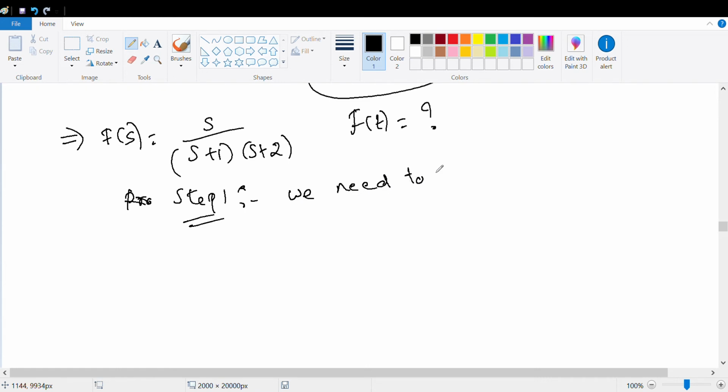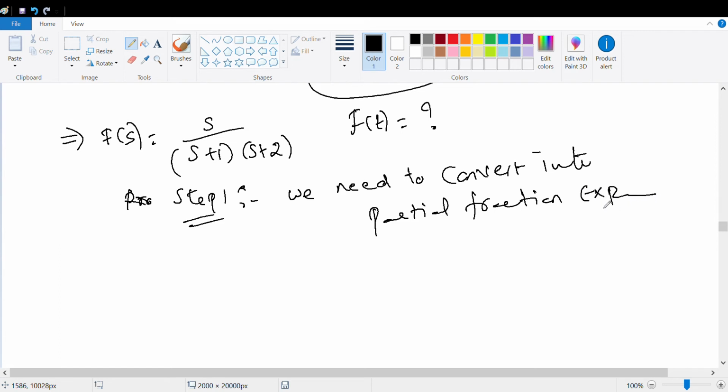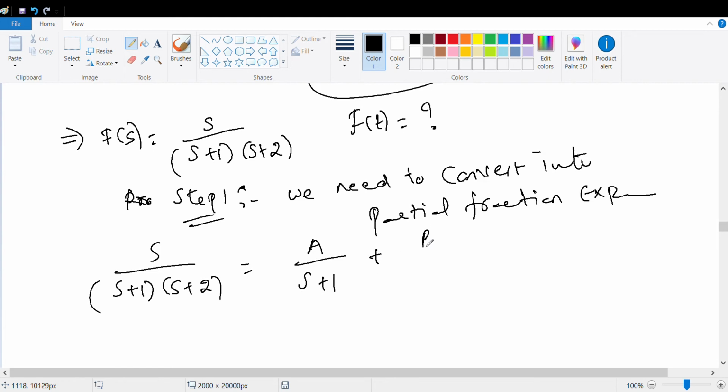We need to convert into partial fraction expansion. This is a proper fraction, so no need to change anything. The partial fraction expansion is A by s plus 1 and B by s plus 2.